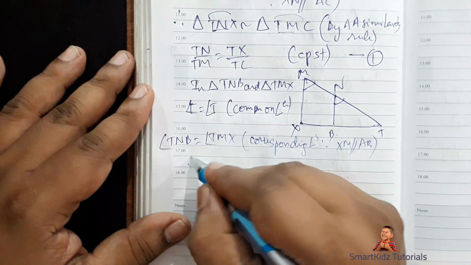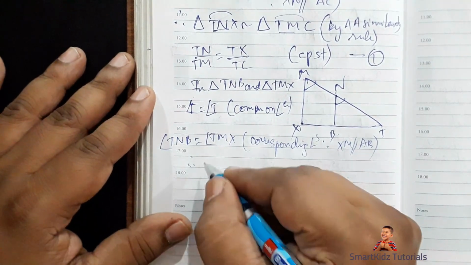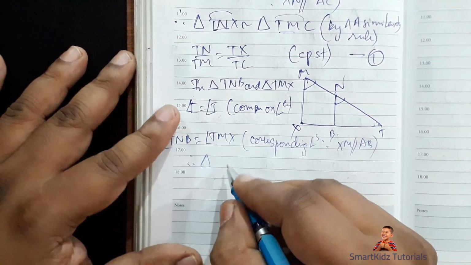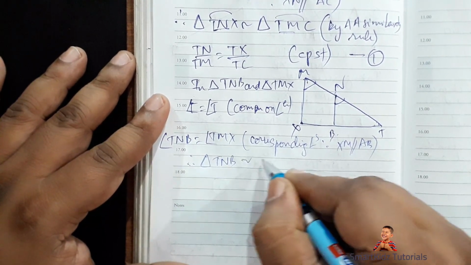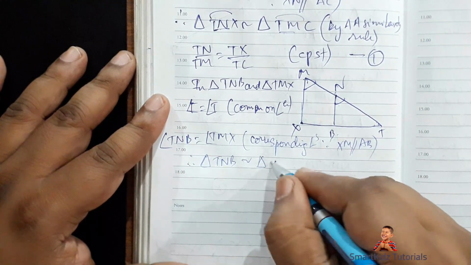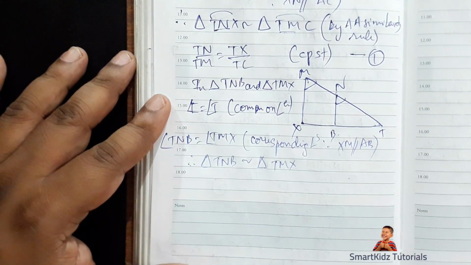Therefore you can say that triangle TNB is similar to triangle TMX.